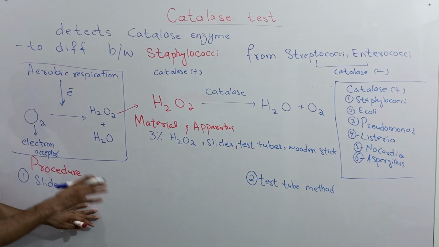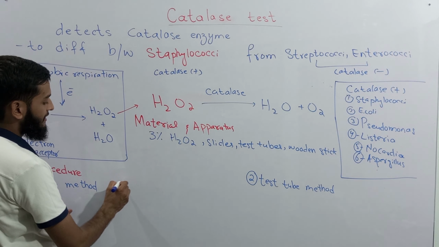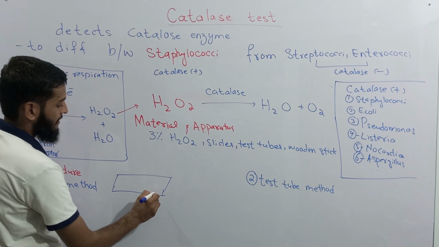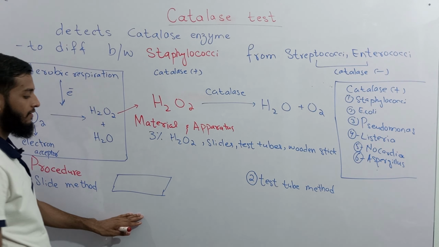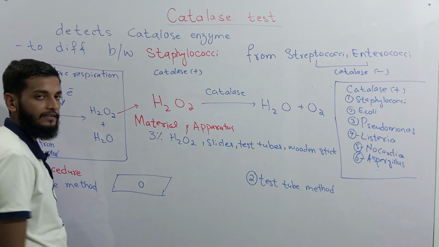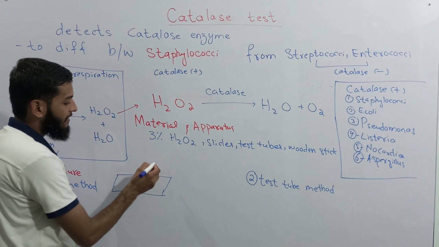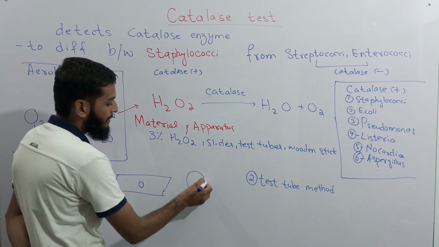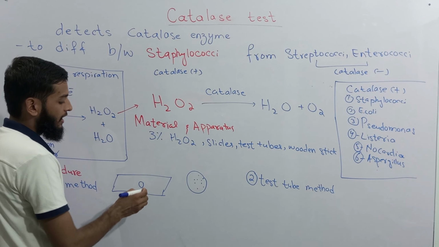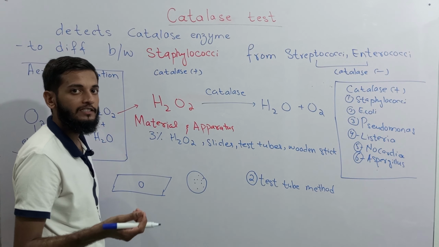In the slide method, we need a clean glass slide, right? On a clean glass slide, we'll put a drop of water in the center. Then from the agar plate, we will pick a bacterial colony with the help of a wooden stick.